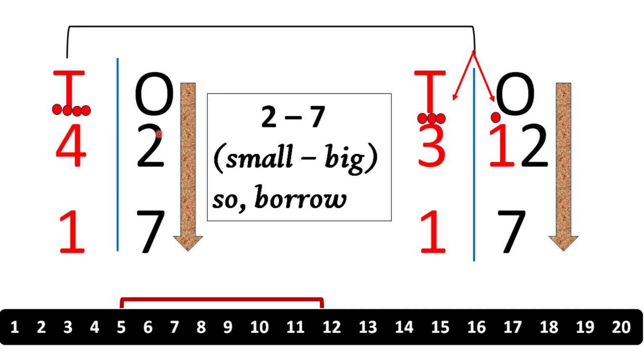After having written the sum, tens place in red font, units place in black font: 4 tens in red, 2 ones in black, 1 ten in red, 7 ones in black. The child should read it as 4 tens 2 units, 42, 1 ten 7 units, 17.